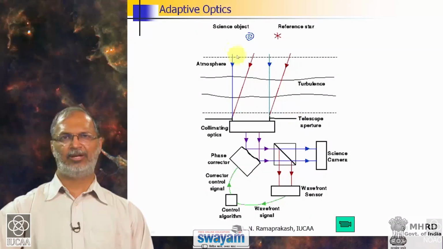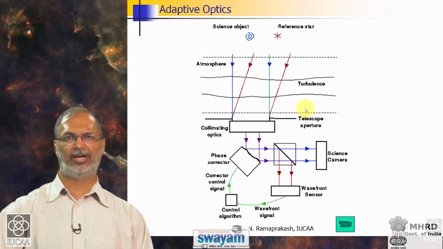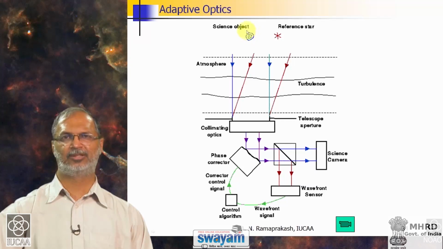That is done by what is called an adaptive optics system. So, let us try to understand how an adaptive optics system works in this slide. You are trying to study the fine structure details of a galaxy, denoted here, which is your scientific target. The light from that target passes through the atmosphere. Above the atmosphere the wavefront is plane parallel. As it passes through the atmosphere, it gets distorted because of the turbulence and finally falls on your telescope.